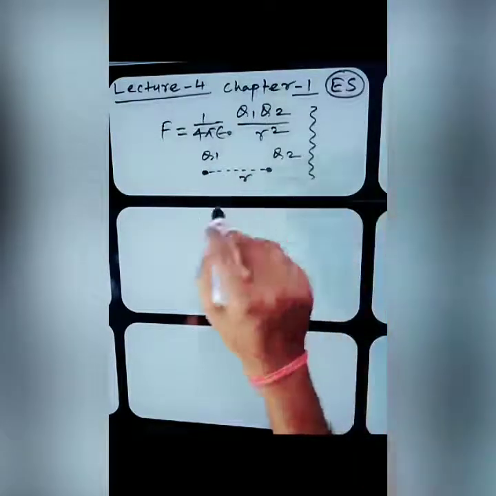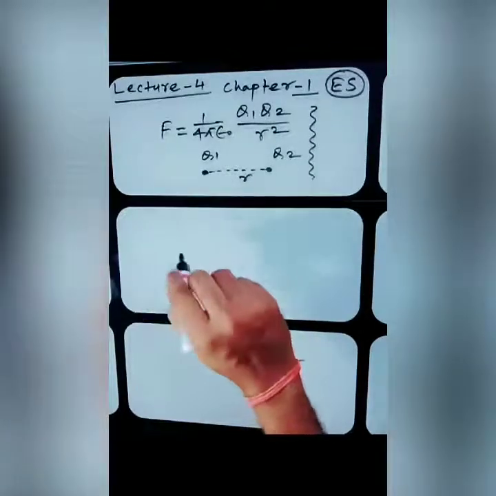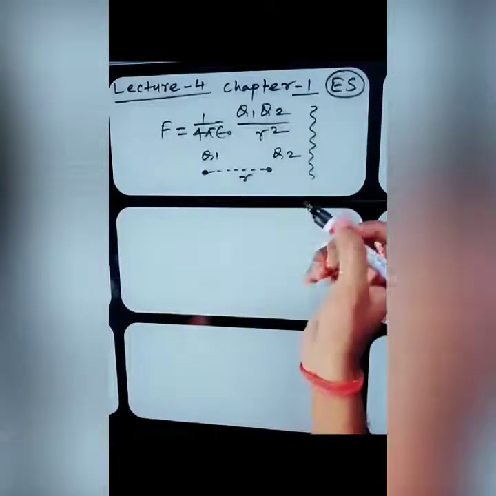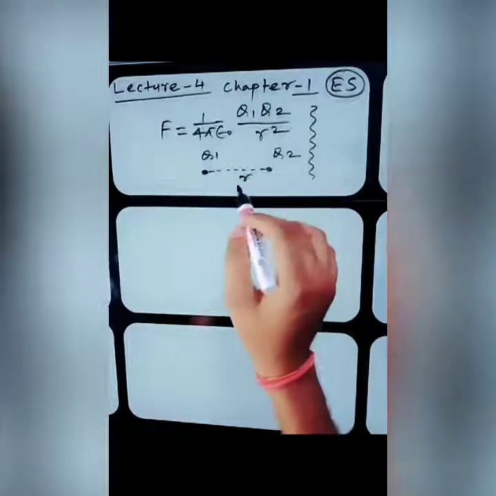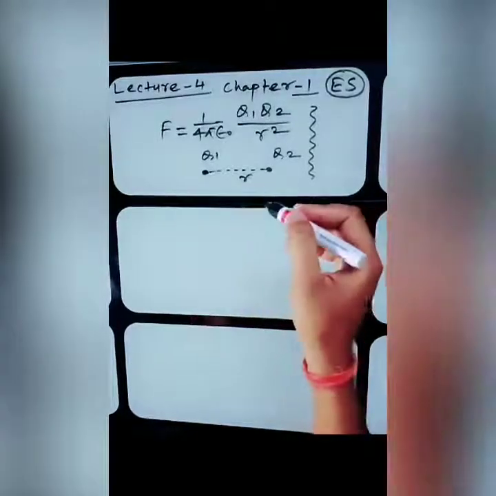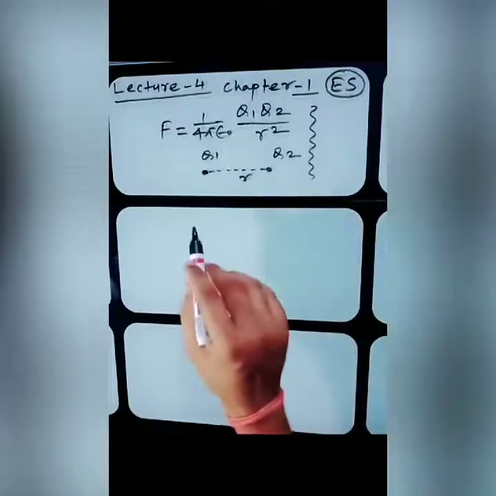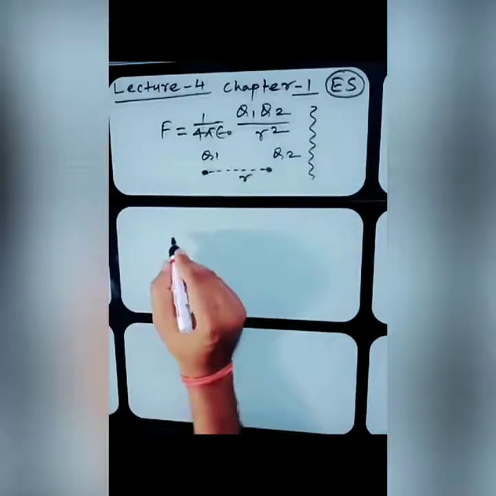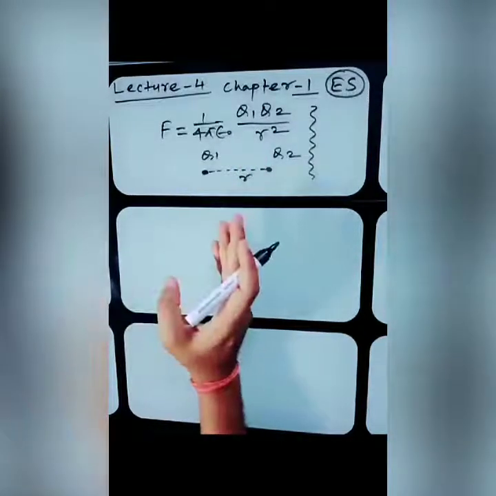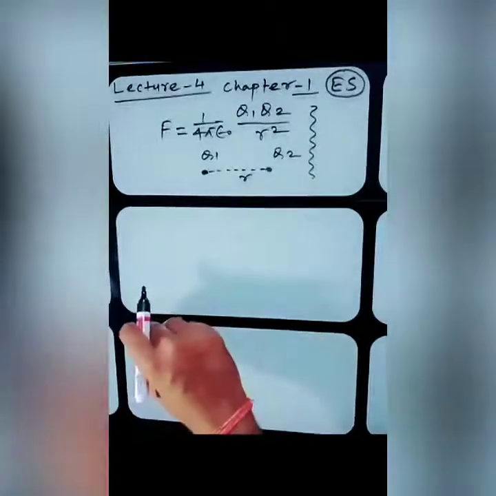Now, another question from this formula will be asked about the nature of force, whether the force is attractive or repulsive. We have discussed the property that like charges Q1 and Q2 repel each other, whereas unlike charges attract each other.